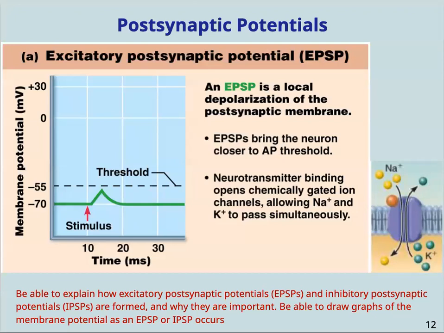Each EPSP lasts only a few milliseconds before the membrane then returns to its resting potential. The only function of EPSPs is to help trigger an action potential distally at the trigger zone of the postsynaptic neuron's axon.